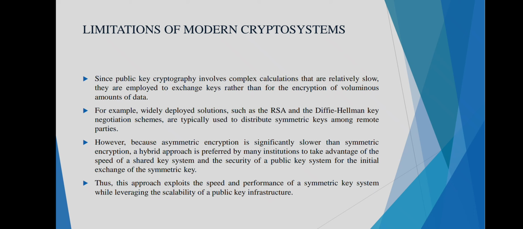For calculating those data, a large amount of time is required. And if there is a large amount of data, then the process must be complex. That is one of the limitations of modern cryptosystems.